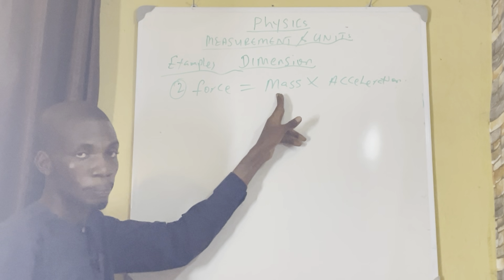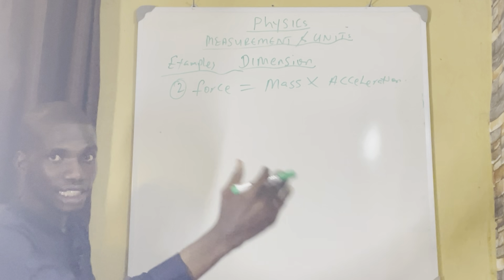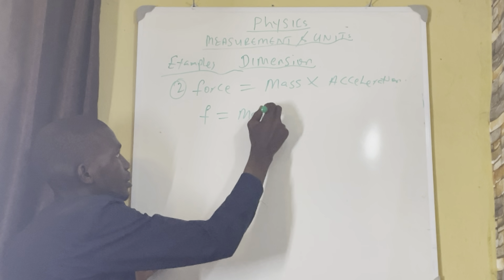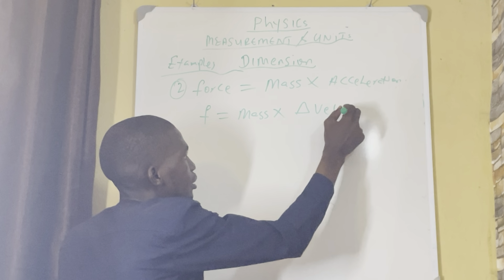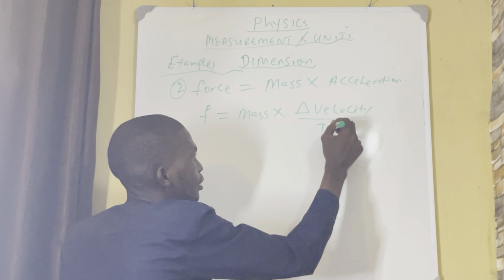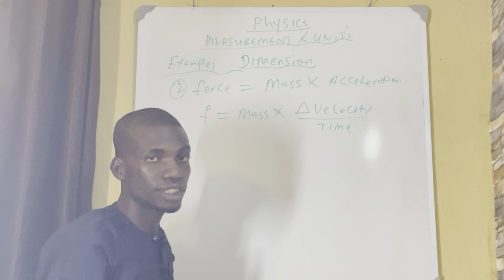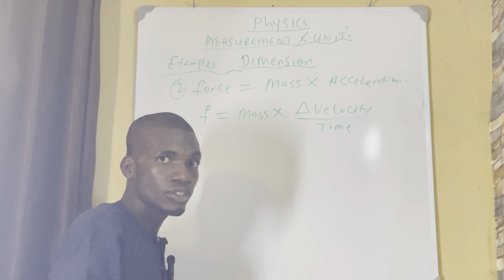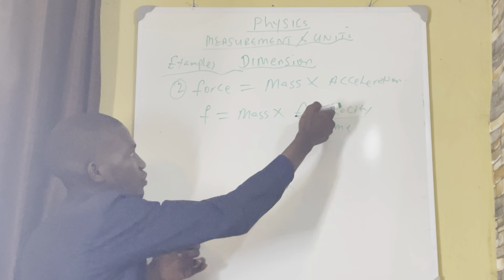Now we have gotten mass, what remains is acceleration. So you convert the acceleration. Force equals mass times change in velocity all over time. We are still looking for velocity. Remember that dimension is all about converting until you get mass, length, and time. So we still convert this one.